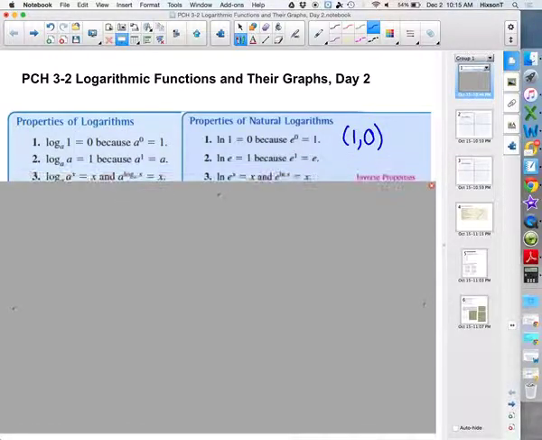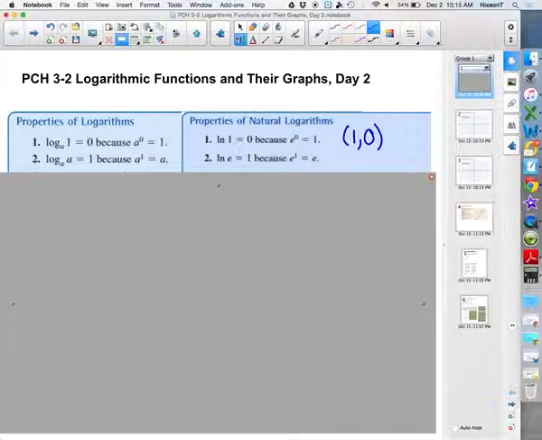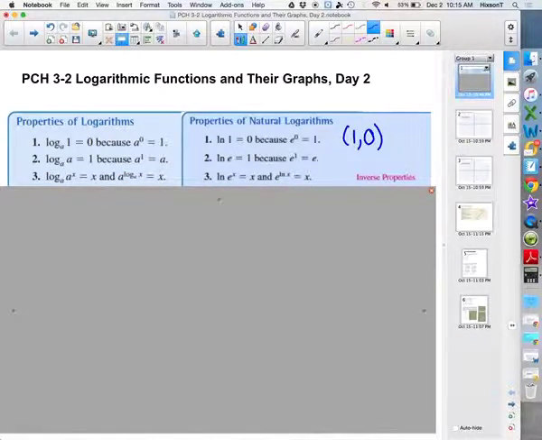Another thing is, if you're taking the log of the base, it's going to equal 1, because, of course, the base to the first power is the base. You had one like that on your practice. This third one here is just a restatement of the fact that these are inverses.